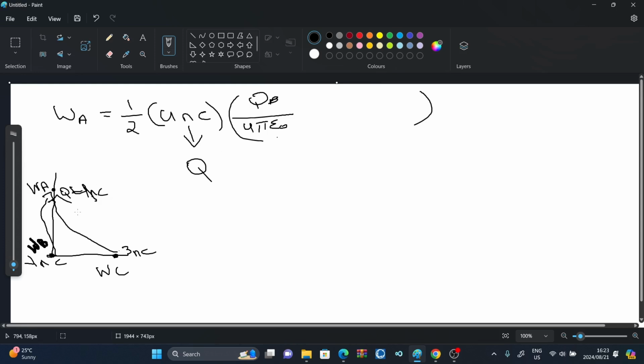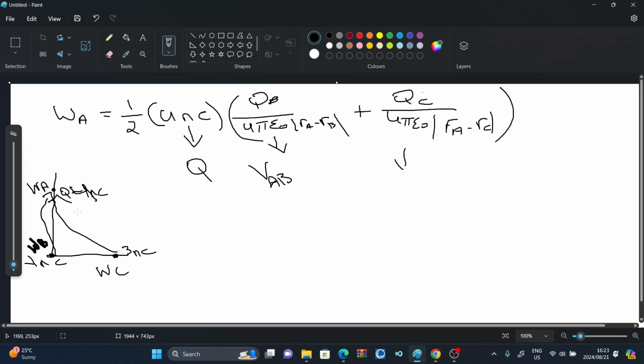So the voltage between A and B, our distance will be RA minus RB. Then plus our voltage between A and C. So it's going to be QC over 4 pi epsilon naught, then the distance will be RA minus RC.